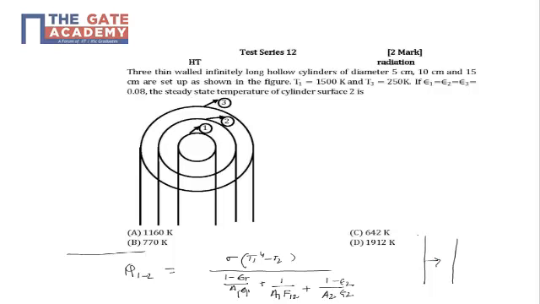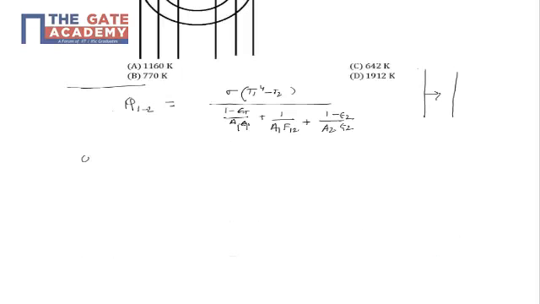Now, under steady state, whatever surface 2 receives from 1, it has to give to 3, so Q12 has to be Q23.